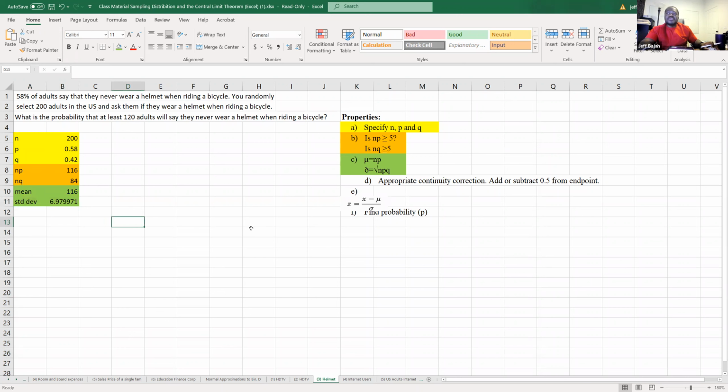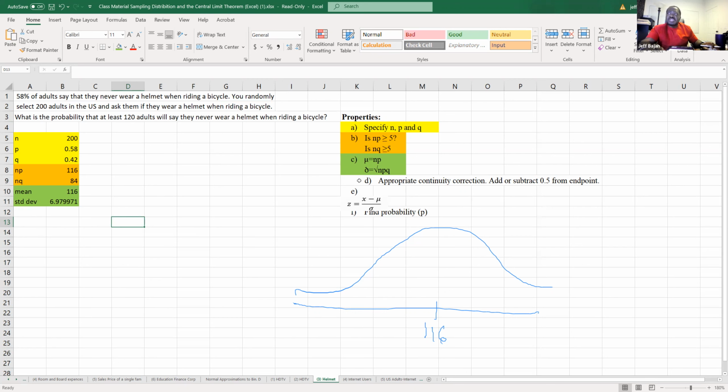So we've done the 3 steps, right? We can even draw this if we want to, because we know now that the mean is 116. This is a binomial question, but you can actually show it in normal distribution here.